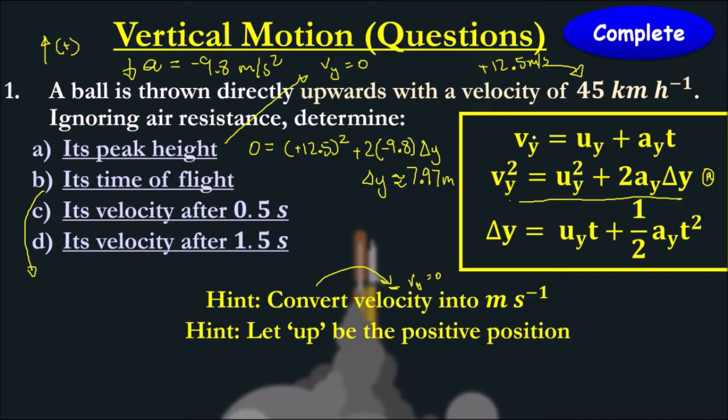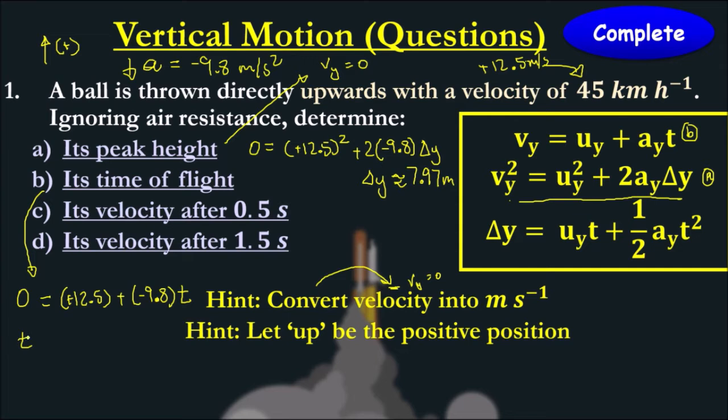So we're going to use the first equation here to answer question B. If I substitute all the values that I know, the final velocity is 0, the initial velocity was plus 12.5, I know the acceleration was this value here, and then t.